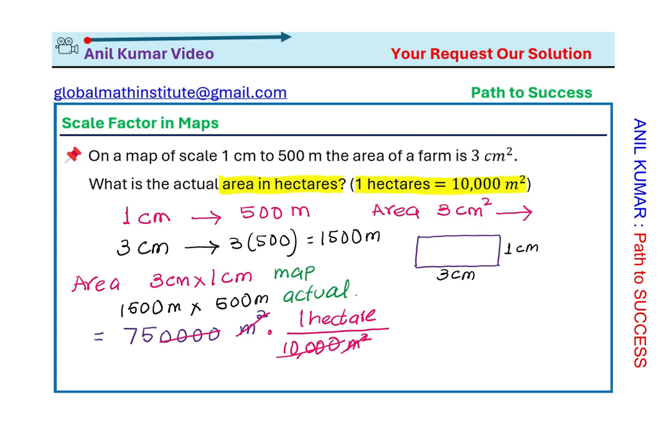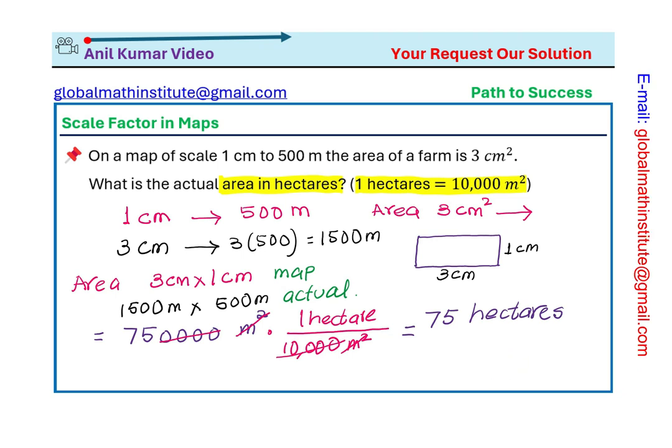And that gives you the final answer, which is 75 hectares. So, hectares is a normal unit for measuring farm areas, and you also learned that it is 10,000 meters square.